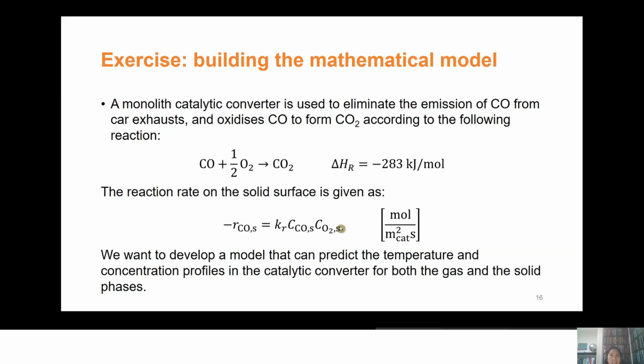So we need to be careful in our mass and energy balances because we have different units for the rate expression. Each term in a material balance has units of mole per second, and in an energy balance, each term has units of joule per second, or watts.